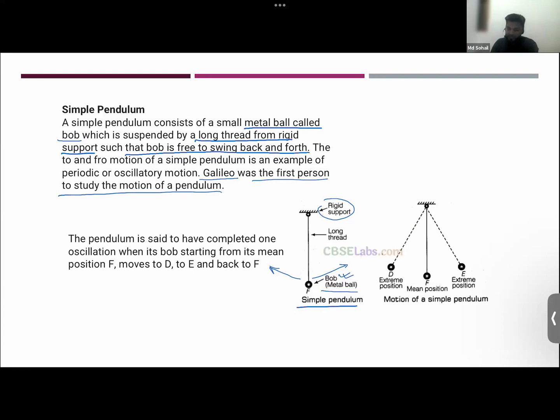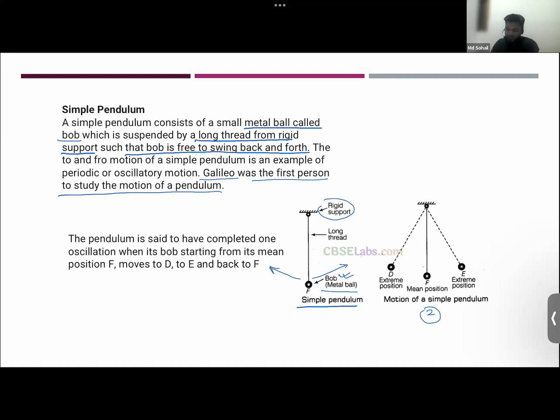So what happens here, if you see the second figure, this pendulum will oscillate from its mean position to its extreme position and come back to its mean position again. The different positions D, F, and E are shown here.